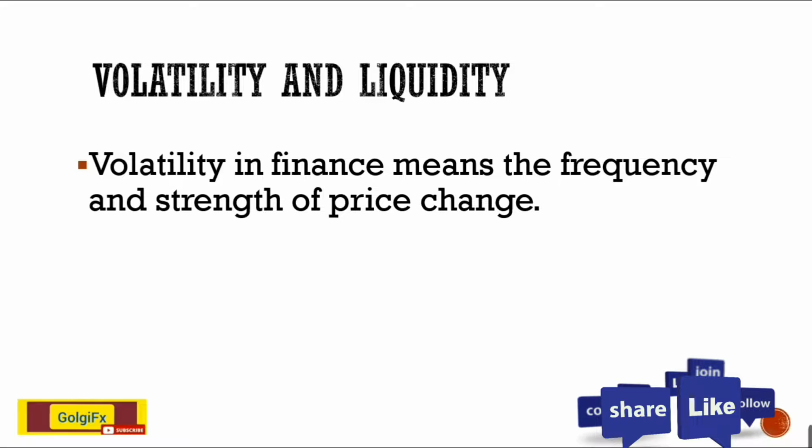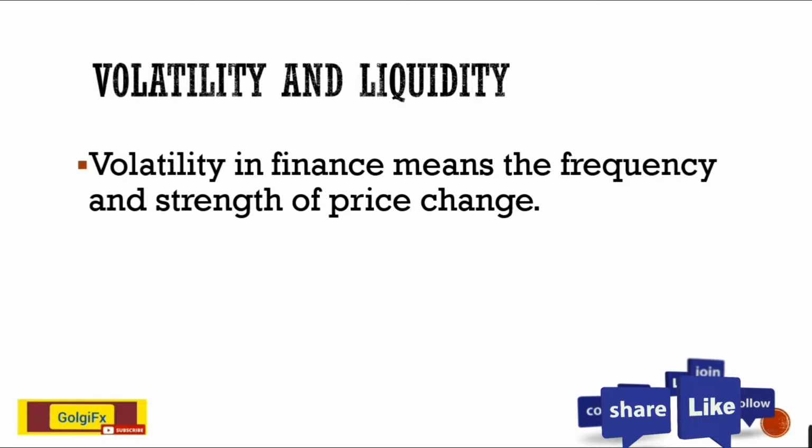So anytime you hear someone saying there's volatility in price or in this pair, the person is talking about the frequency and the strength of that price change. And when they talk about high volatility, they are talking about high price fluctuation within a given period of time.